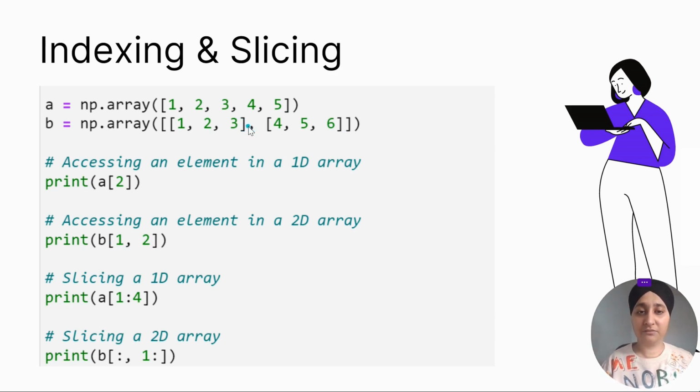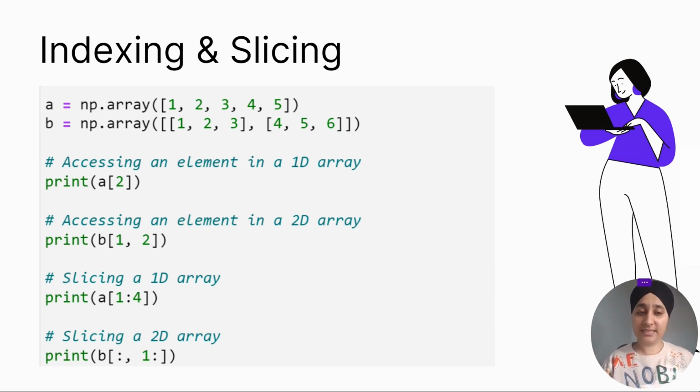I am printing an element from row 1, and the element at index 2. 0 index, 1 index, 2 index. So element at index 2, row 1. This is element 0, element 1, element at index 2. So we are printing 6 in this case.